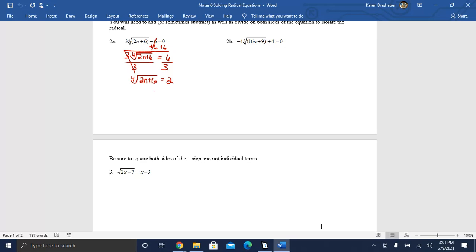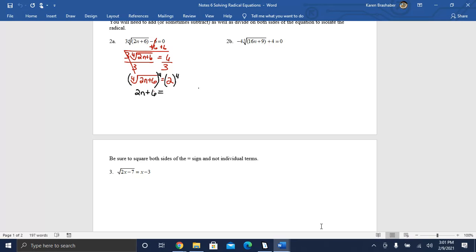All right, so now that I have that accomplished, I have a fourth root. I'm going to raise each side to the 4th power. And again, a fourth root will be removed by a 4th power. So all you have left is the 2n plus 6 on the right-hand side, 2 to the 4th power.